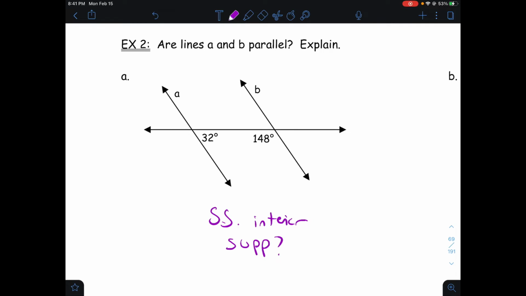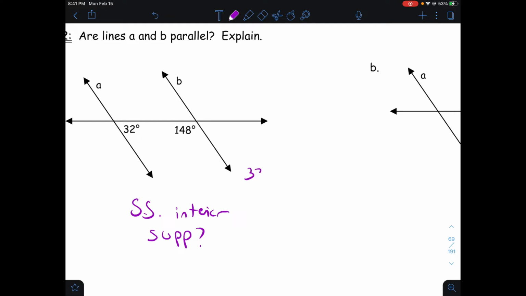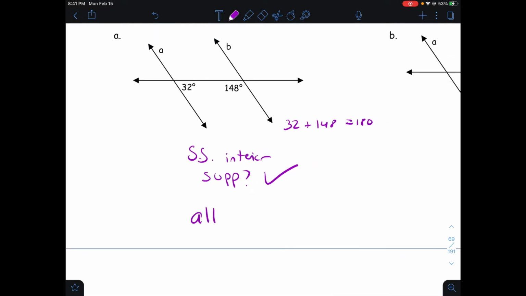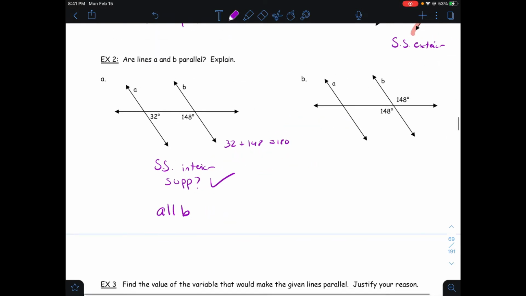Well, that would mean that they need to add up to equal 180. Does 32 plus 148 equal 180? And it actually does. So that means that they are supplementary. So that means that A is parallel to B. So I guess you could also say, yes, they are. All right, perfect.